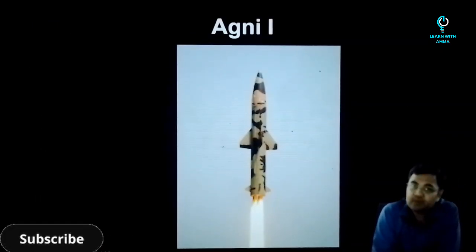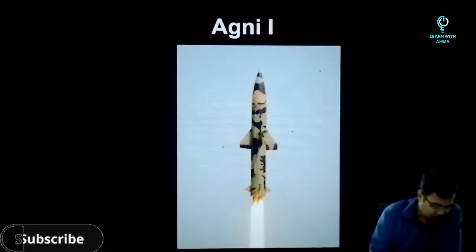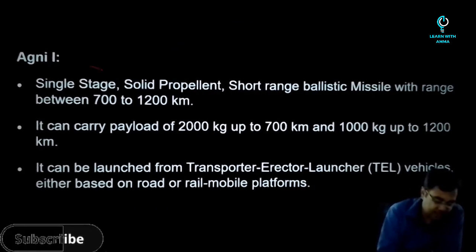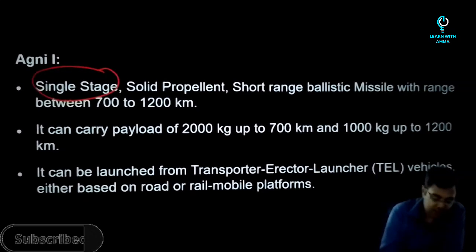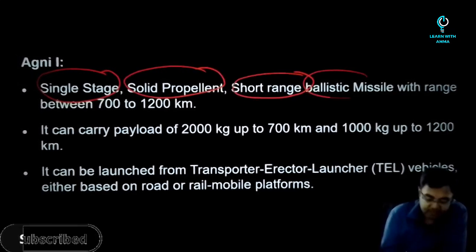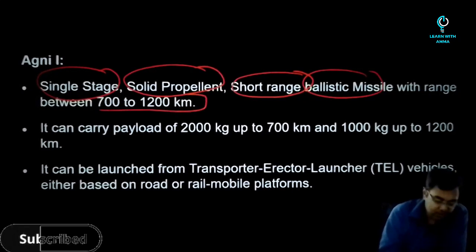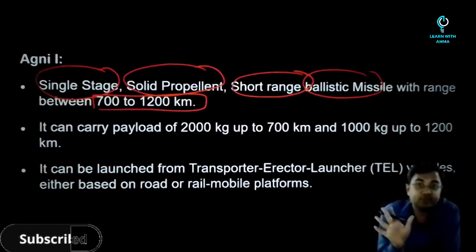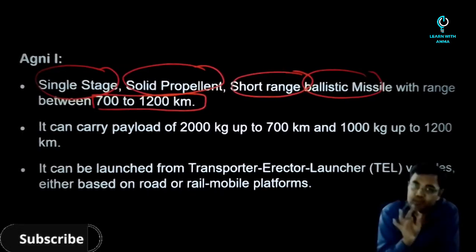First of all, we have the Agni 1 missile. When we talk about the Agni 1 missile, the facts that have been given here become important. It is a single stage, solid propellant, short range, ballistic missile, range between 700 to 1200 kilometers. So 5 facts have been given. All these 5 facts become important.